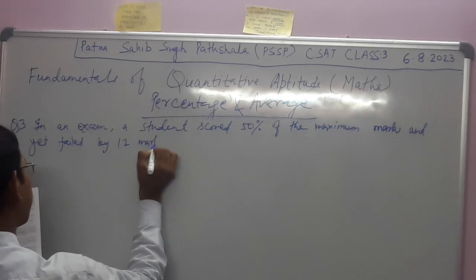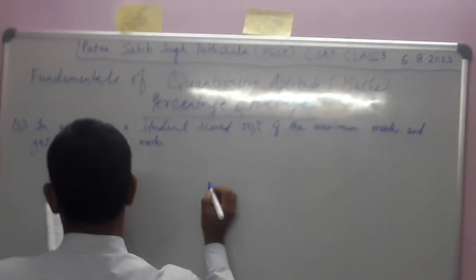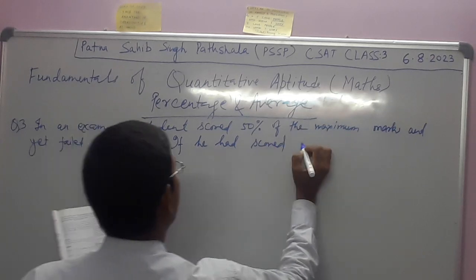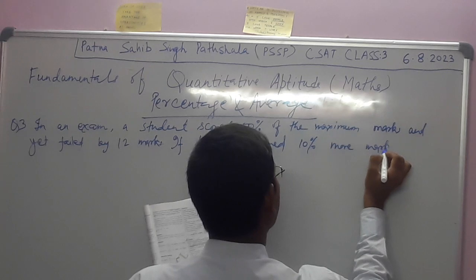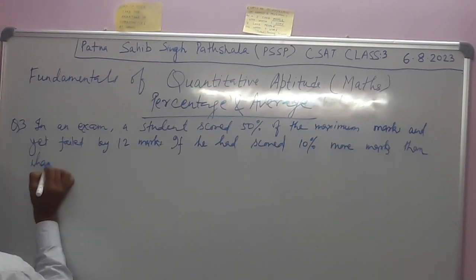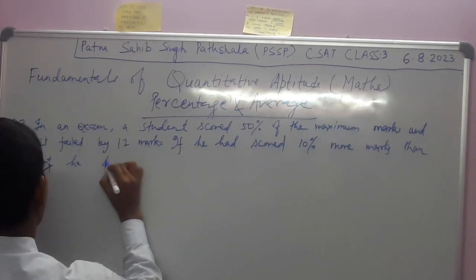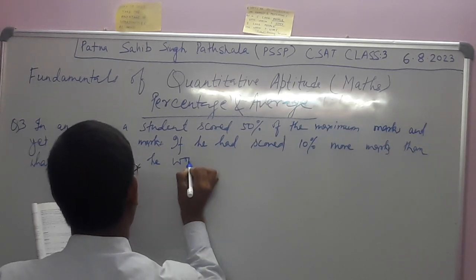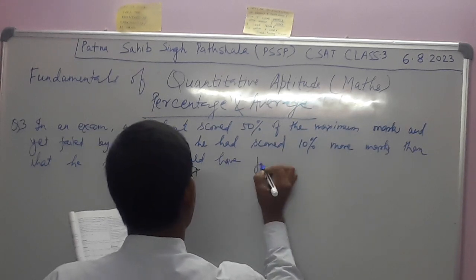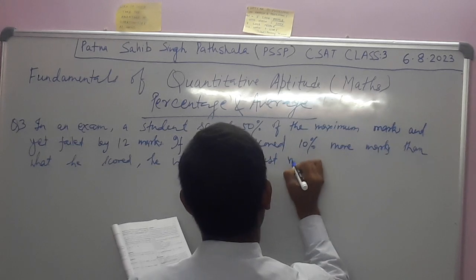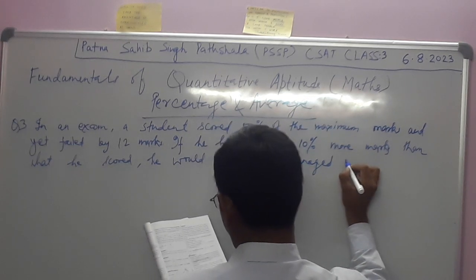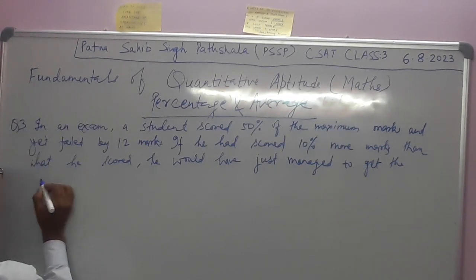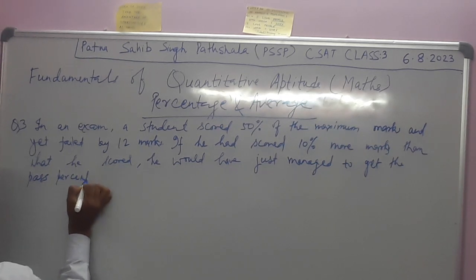If he had scored 10% more marks than what he scored, he would have just managed to get the pass percentage.